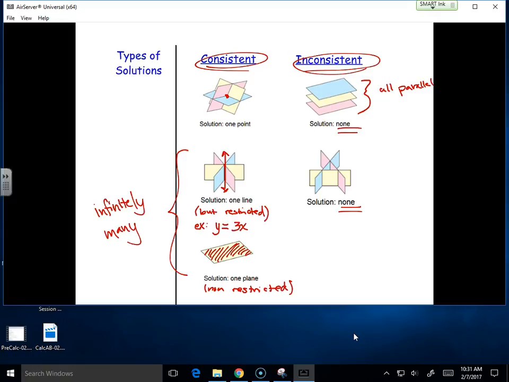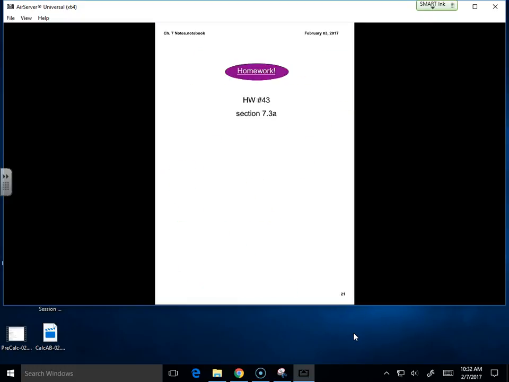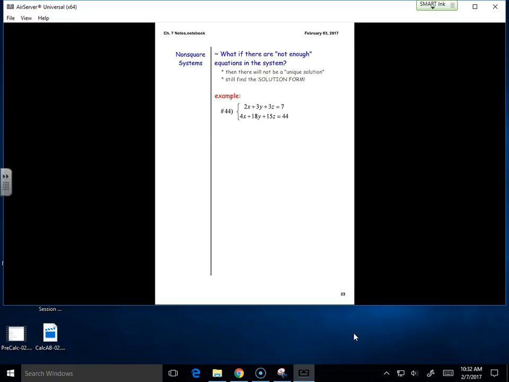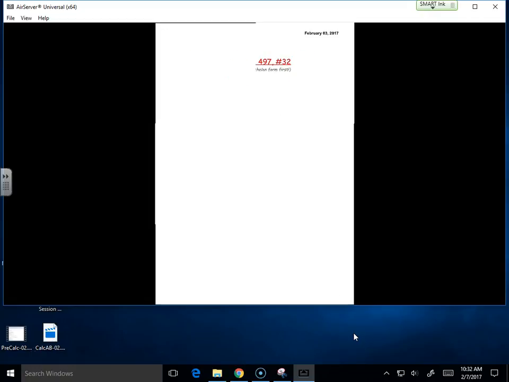So, for instance, let's see, how can I explain this? Not 3x, let's do 3. What's the variable I use? Is it n? Hold on, where's my n? I think it's n.